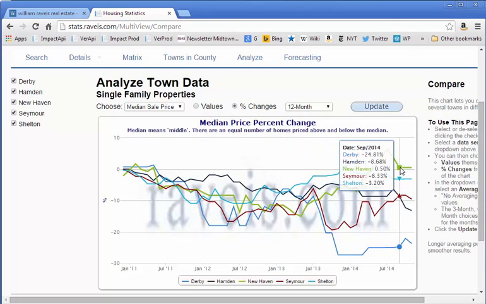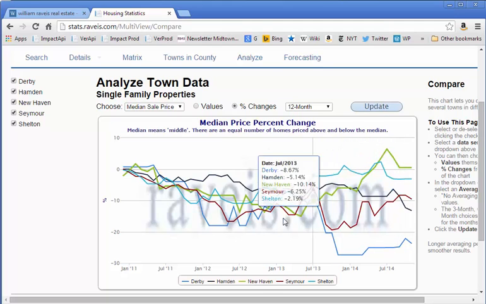Coming out to present day, we can see that Derby has dropped 25% over the last few years in terms of median price, whereas New Haven itself is about breaking even versus where it was several years ago. And the other towns are up and down by various amounts, as you can see.